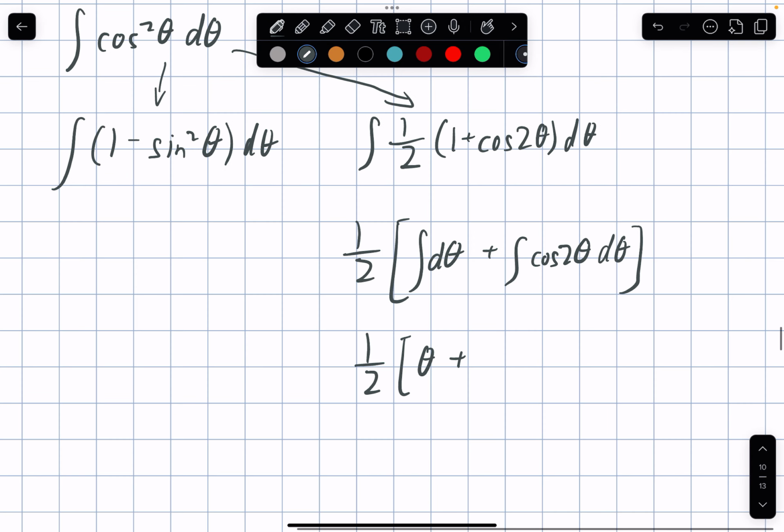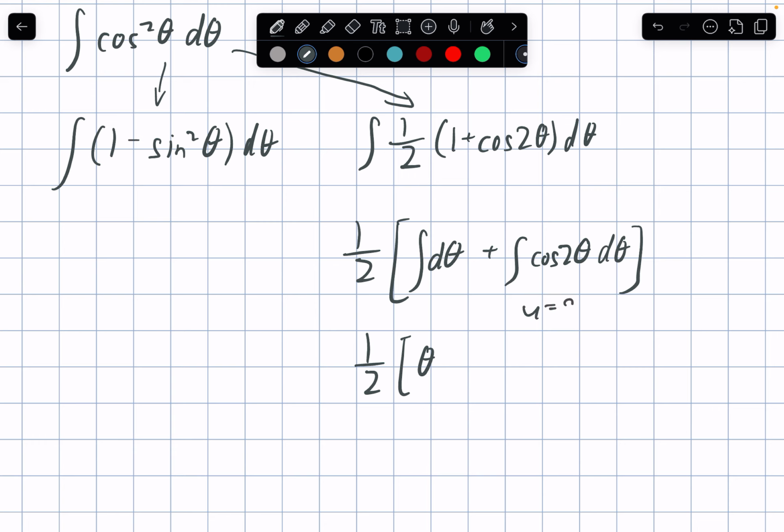Cosine 2 theta can be rewritten in another way, although I don't think that's going to make the solution any shorter.